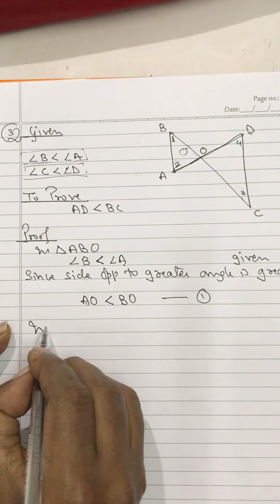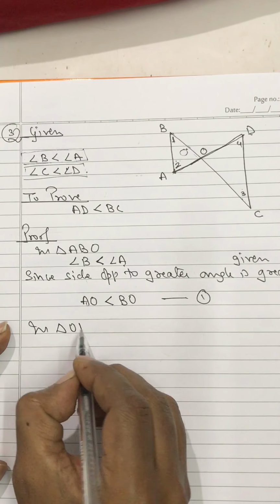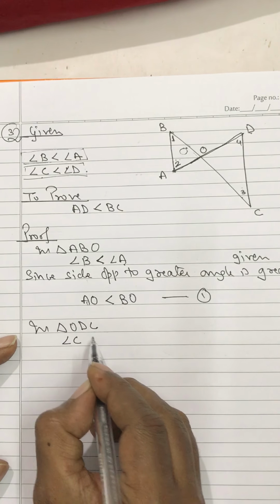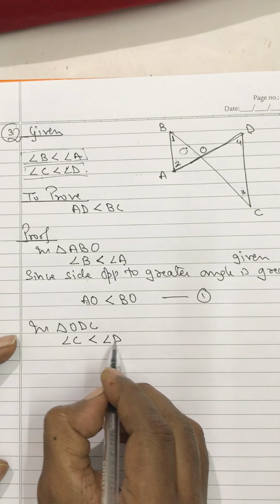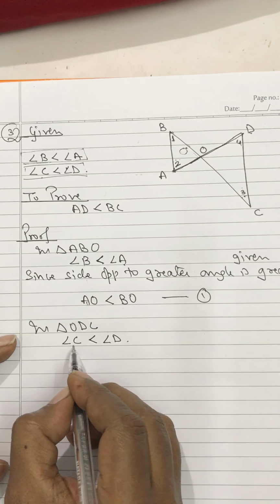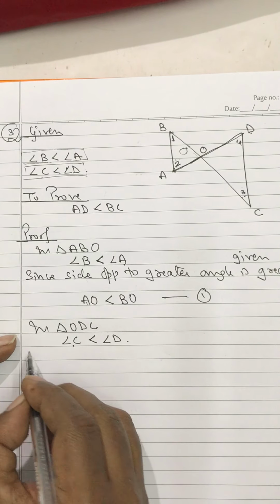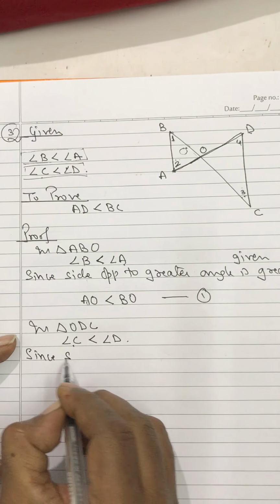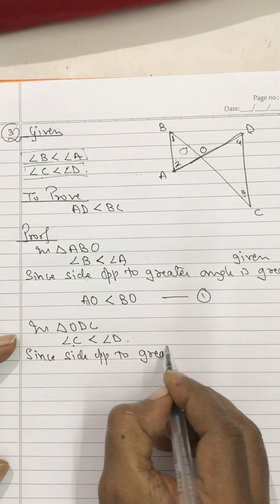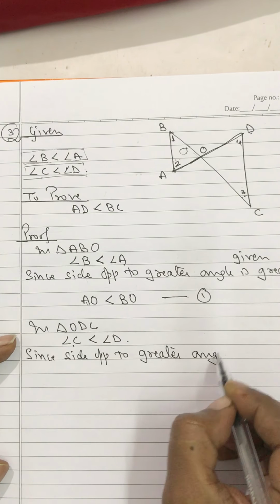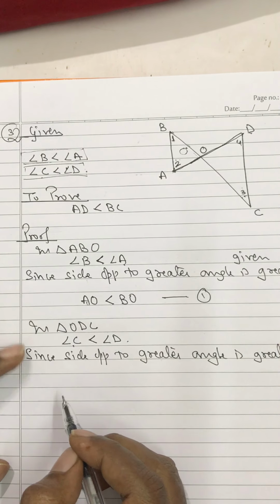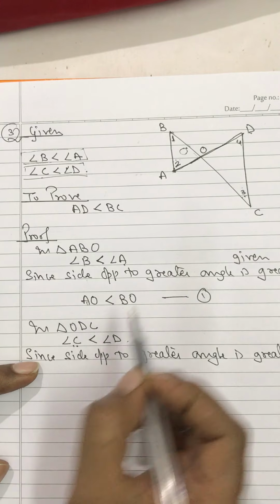Same things you will do in triangle ODC. Here what is given? Angle C is smaller than angle D. So again here, since the side opposite to the greater angle is greater, the side opposite to angle C, which one will be?